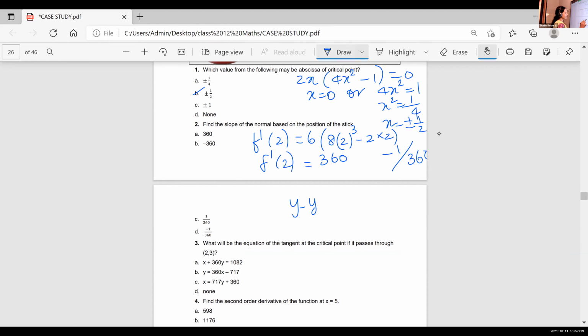y minus y1 is equal to m into x minus x1, where m means f dash of x. So y minus y1 is equal to 0, as f dash of x is 0. At the critical point, the first order derivative is 0. So y minus y1. So what is y1?